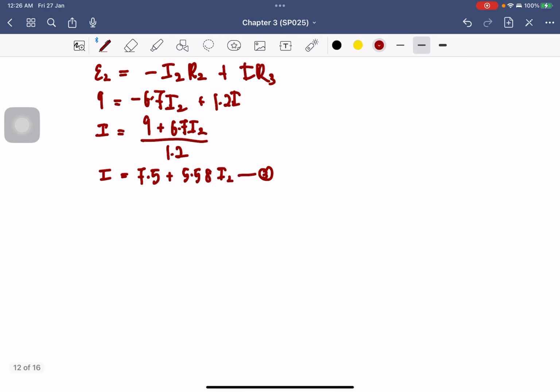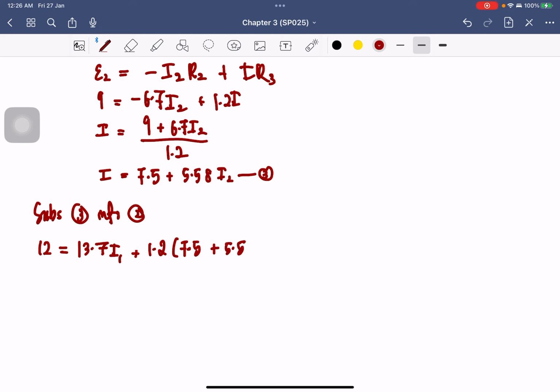So now we can substitute the third equation into equation number 2. So it will be 12 equal to 13.7 I1 plus 1.2 times 7.5 plus 5.58 I2.